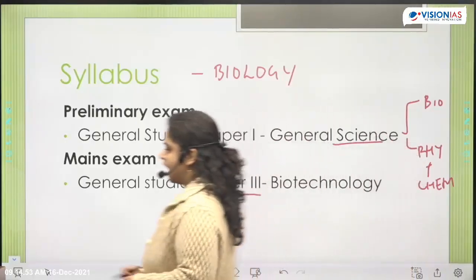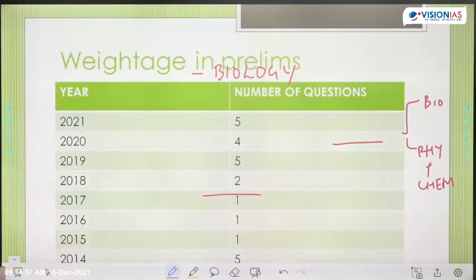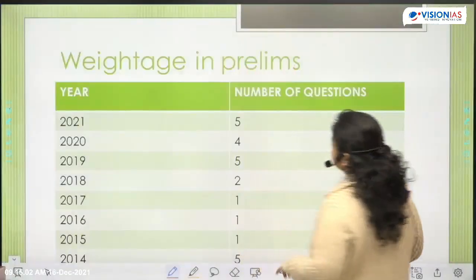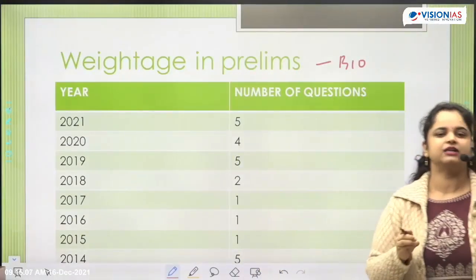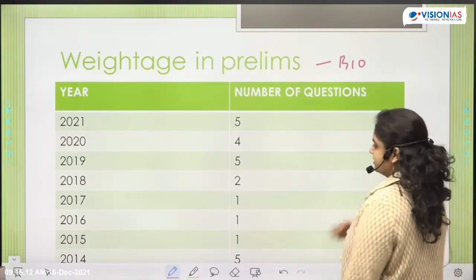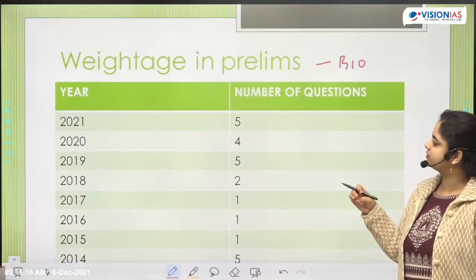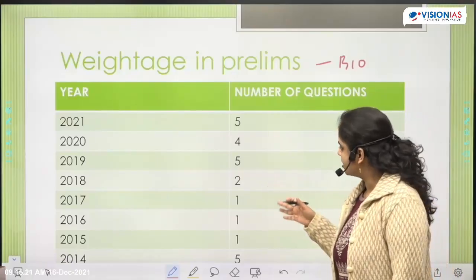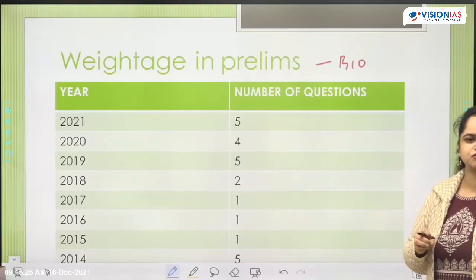In terms of how this reflects in the exam, let's see the questions. This is the number of questions that have been asked in biology in the last few years. In 2021, this recent October prelims, we had 5 questions, then 2020 had 4, 2019 had 5, 2018 had 2, and 2015 had 1, and then 5 again in 2014.